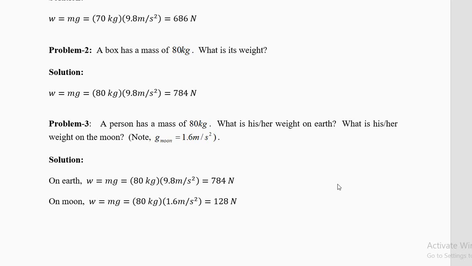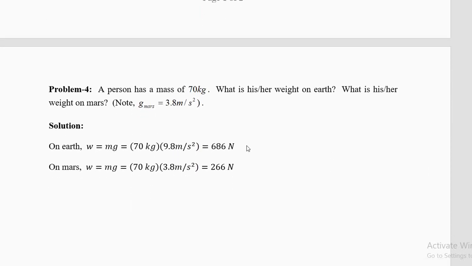That's why on earth the person weighs more, and on moon the person has less weight. That's why in the movies or in the videos of the moon you can see that the person is jumping. Even while walking it looks like a small jump, because with little force the person goes up. And there is no air to stop also. On earth the earth's gravity is more, plus the air will stop.